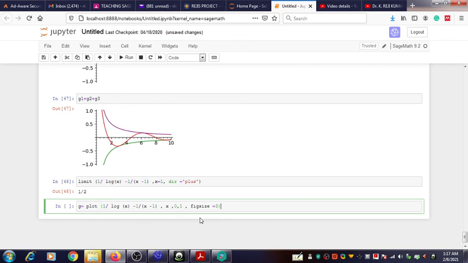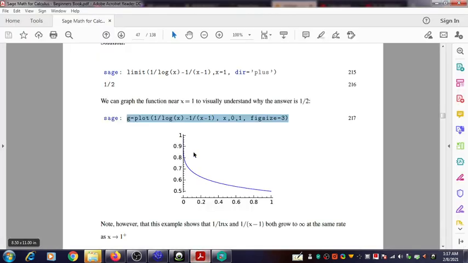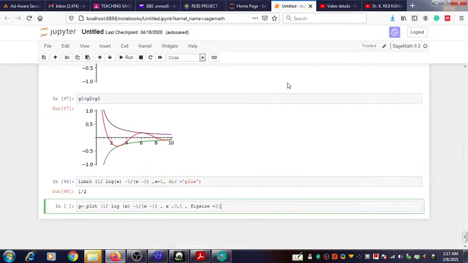We write g equal to plot, and in brackets 1 divided by log x minus 1 by x minus 1, and then comma x.